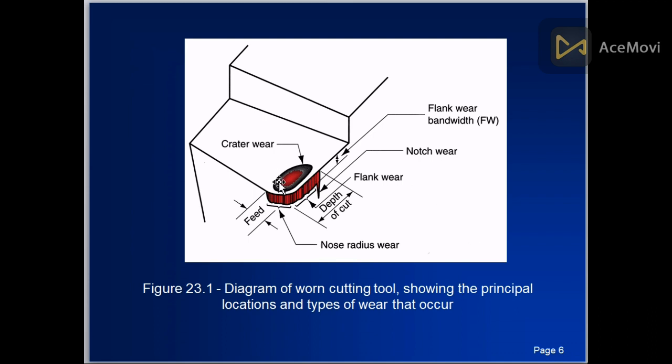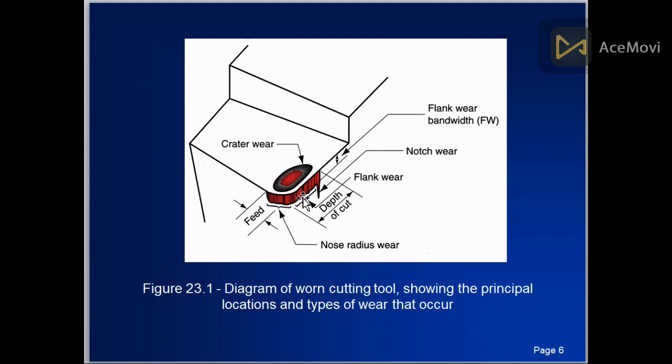This is some kind of cutting tool, and this is the cutting edge. And this is the crater wear. As we feed the tool in this way, this is the area where the chips of the work material strike. This is the crater wear. It is irregular in shape, and this is the flank wear.